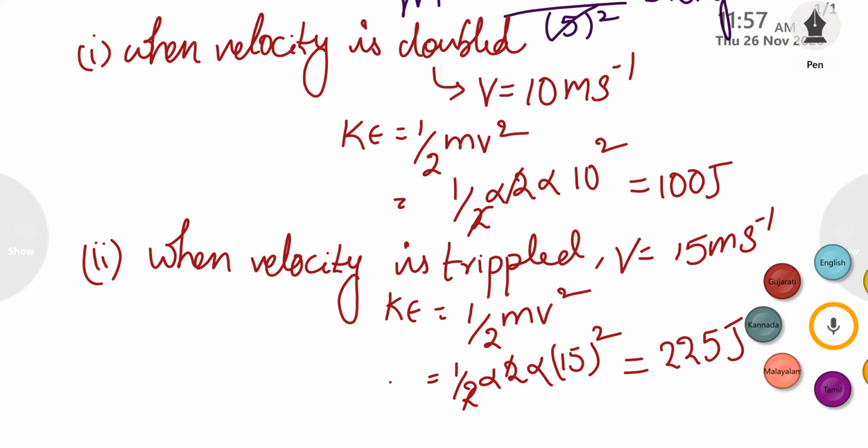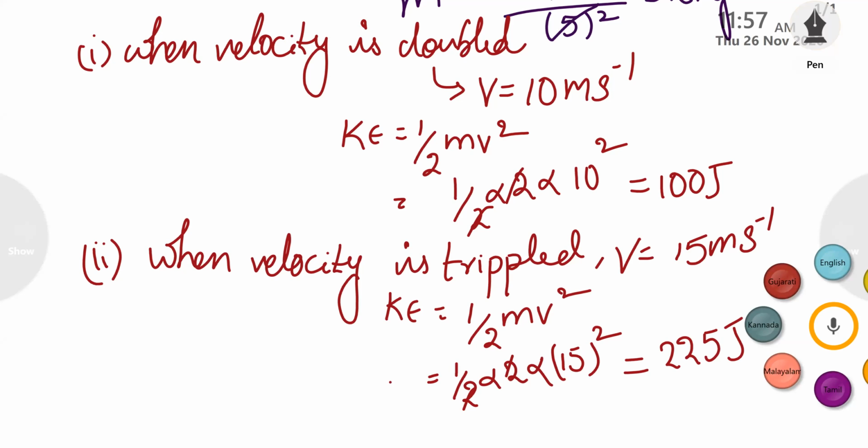So MGH. Work done is denoted by W. W is equal to force into displacement, so W is equal to MGH. Okay, so how did you get it?